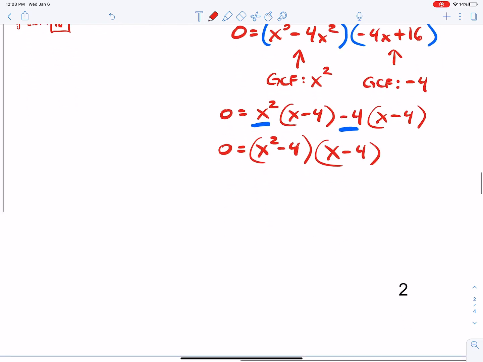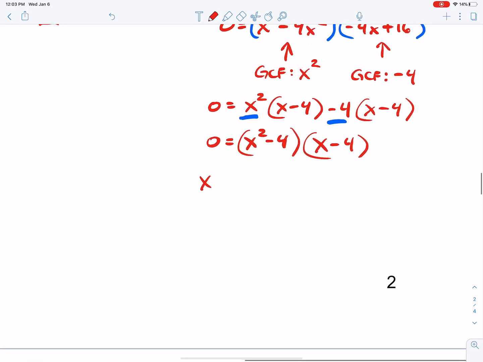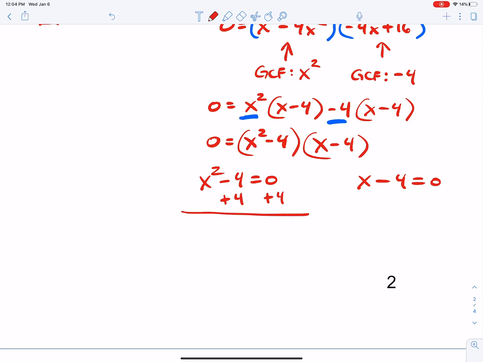So you want to set each one equal to 0, right? So I would have x squared minus 4 equals 0, and x minus 4 equals 0. Let's solve each one. You have to add 4 to both sides, and what you're left with is x squared equals 4. Well, how do I get rid of that exponent?